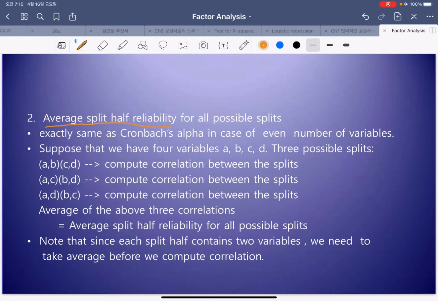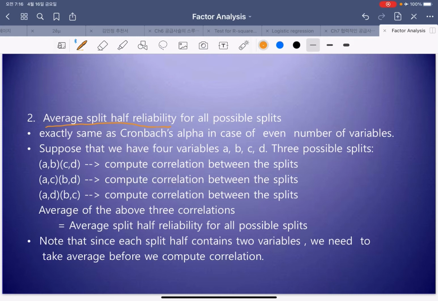Basically, reliability checks how closely related a set of items are, right? So we need to compute correlations among the variables. Now, suppose that we have four variables, A, B, C, D. And we can think of three possible splits, right?